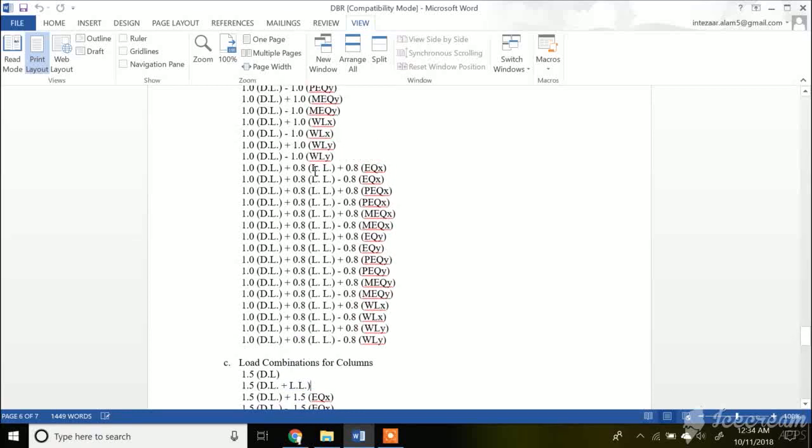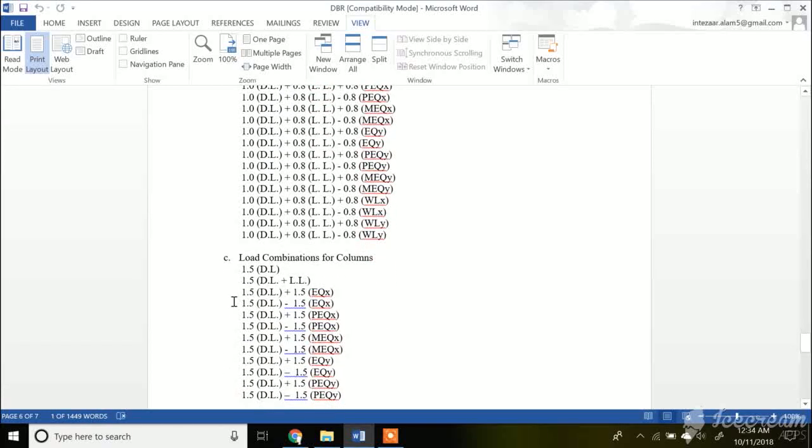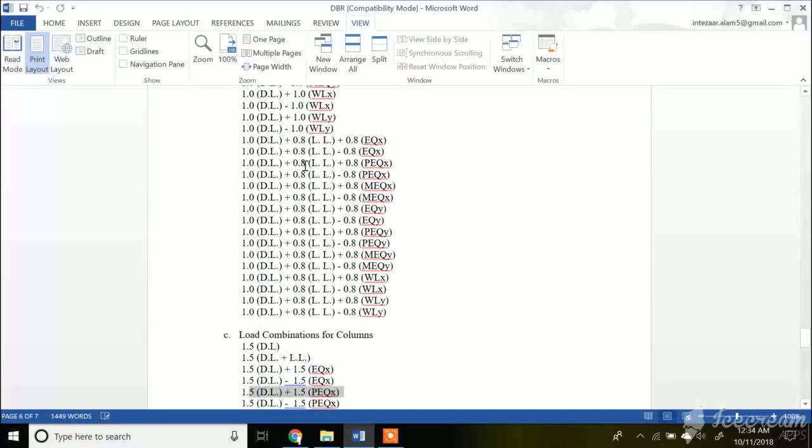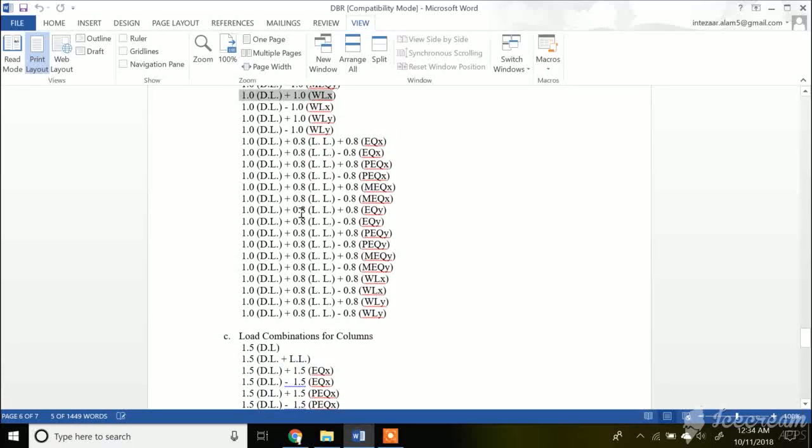So hope this is clear, why we are using 1 in foundation design and 1.5 in structure design: because for structure this is the final load, whereas for foundation, more factor of safety is applied based on this load during foundation design. So these are the load combinations.